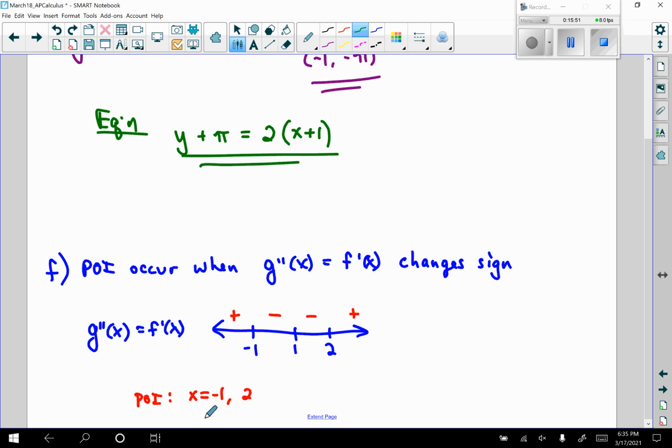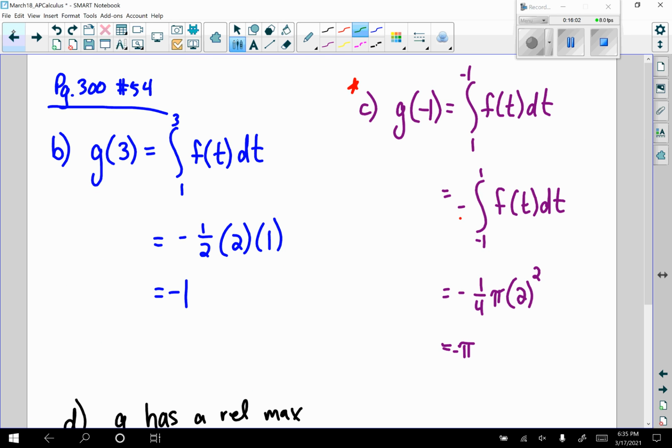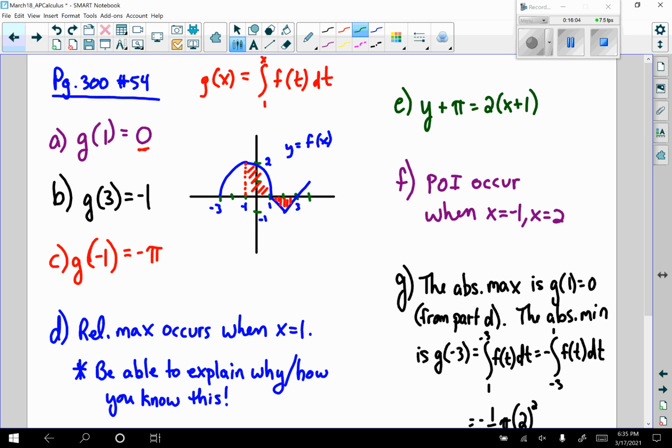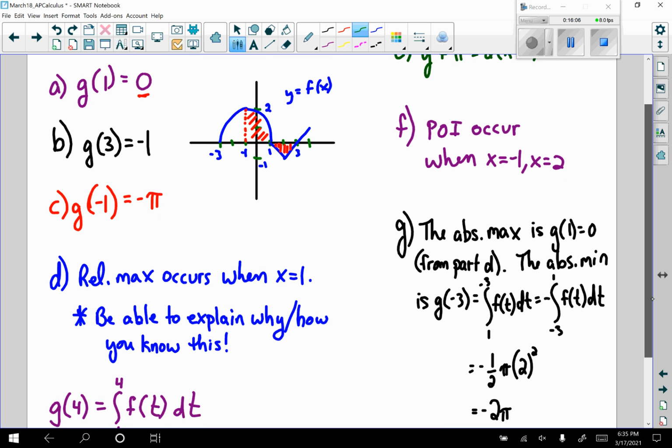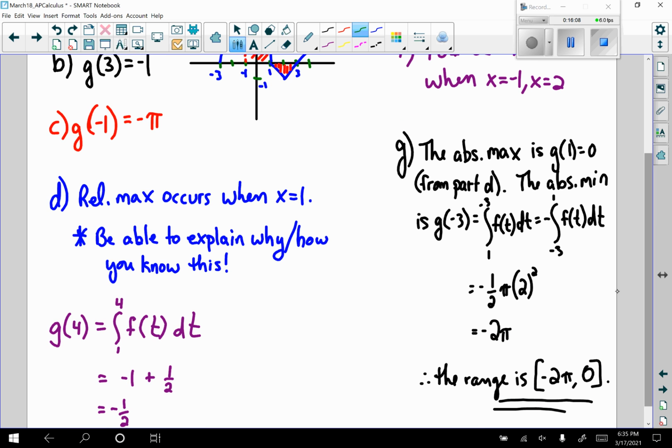And then the last part is asking us to find the range of g. Now we have critical numbers here. So remember, now we're on a closed interval as well. So I'm going to go back to talking about this part. If we're on a closed interval, we're actually going to have an absolute max.